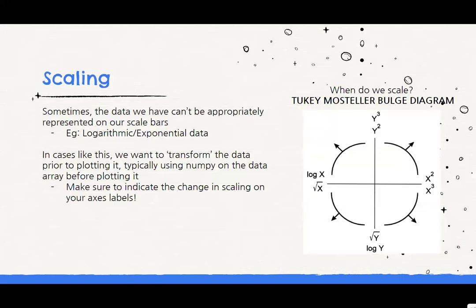I don't know the command off the top of my head, but you can scale your axes to better represent what your data is trying to show. Does that make sense? Yes, exactly.